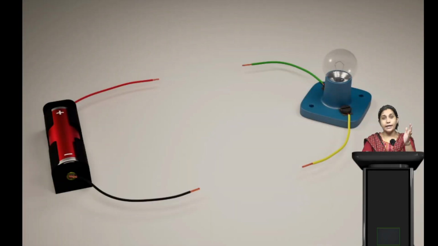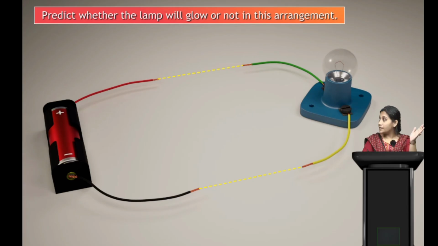So let's see how we will perform the activity. See, now on one side we have the electric cell where the two wires are connected, and on the other side we have the lamp where the two wires are connected. Predict whether the lamp will glow or not in this arrangement, meaning if we connect the two sides of the wire in this arrangement.